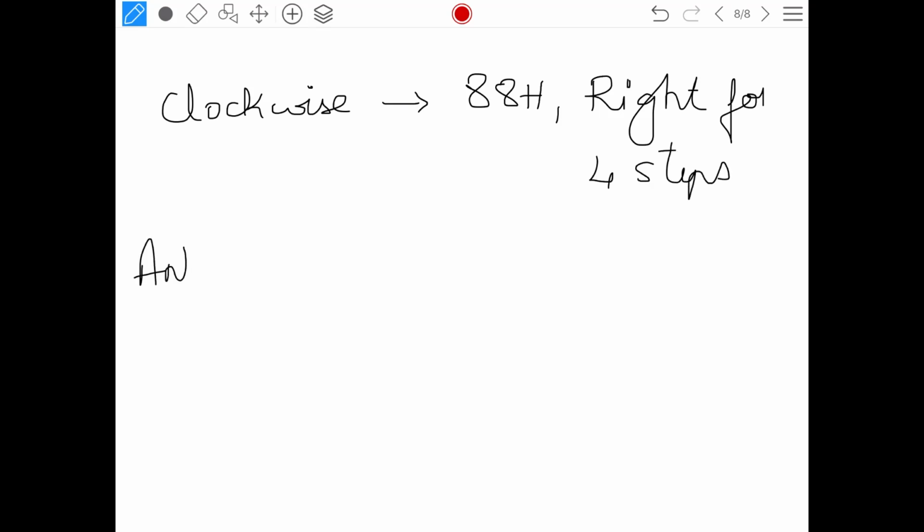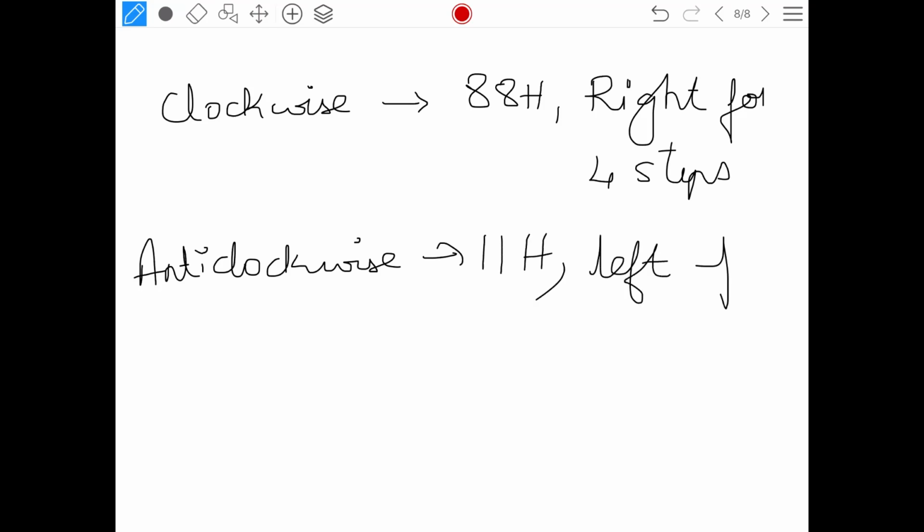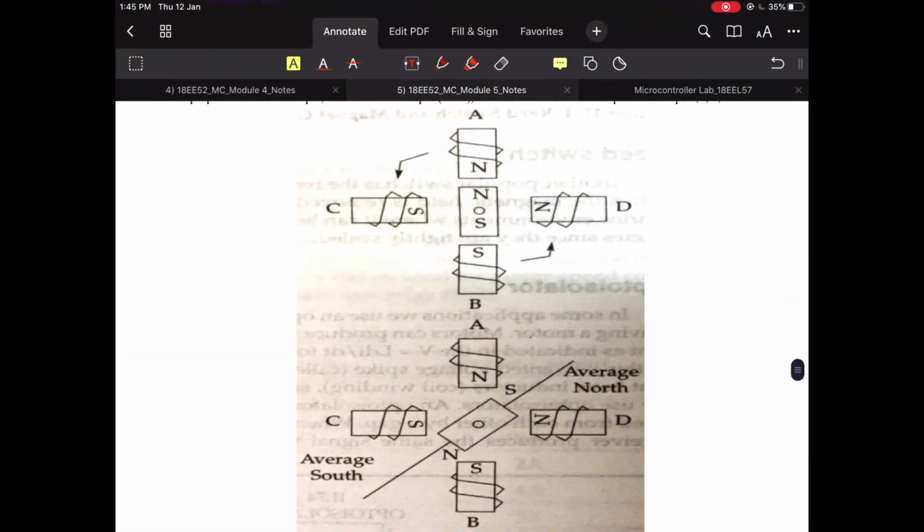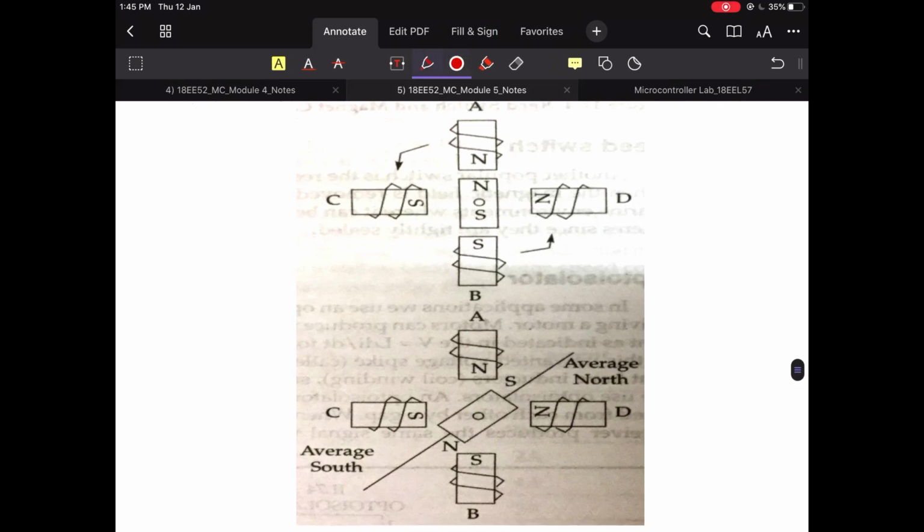Similarly, when I want anticlockwise, I will start the motor with 11H and rotate left for 4 steps. This is the basic logic that I can derive. Coming here, this is what I was talking about: I have north pole, coil A, coil D, B and C.